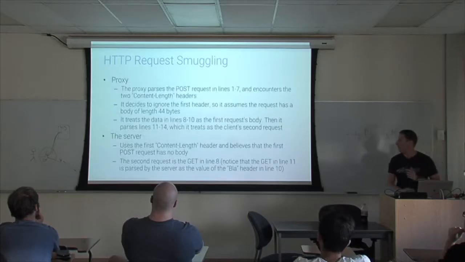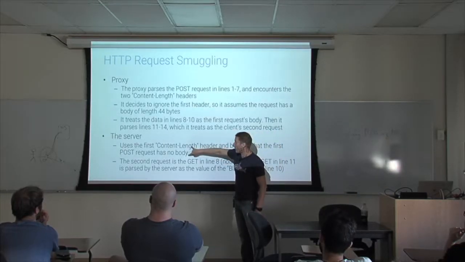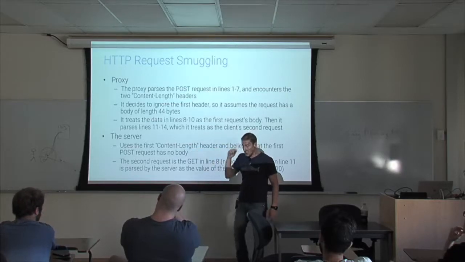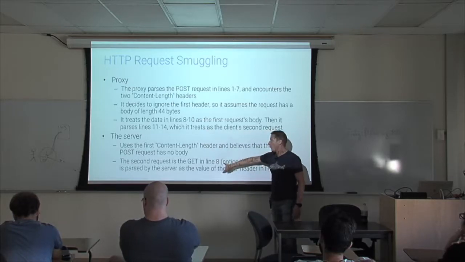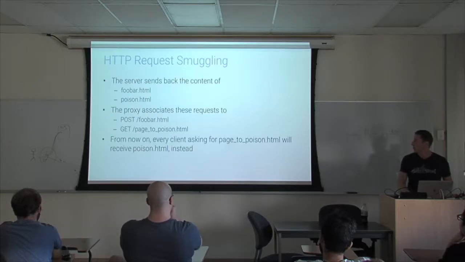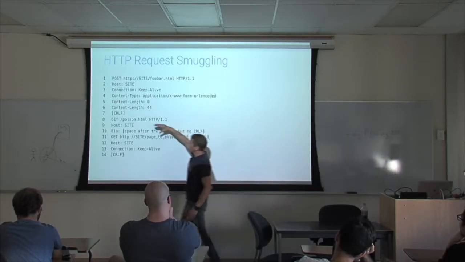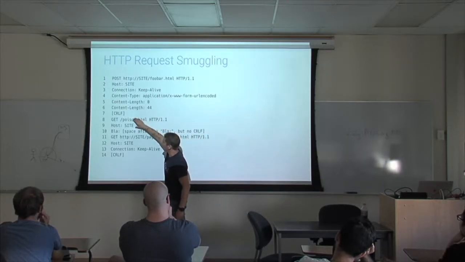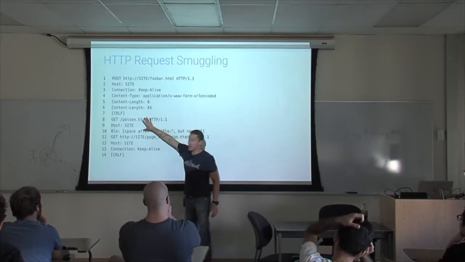Now, the server will do the opposite. It will use the first content length, and so will assume that the first request has no body, and the second request will be the line on line 8. And so the server will return nothing, and then will return this version, the poison.